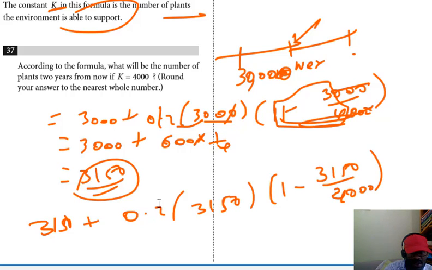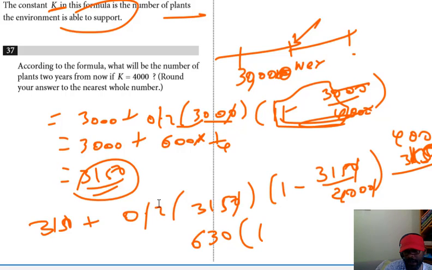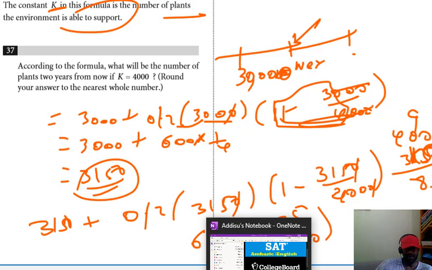When you work this out using a calculator, let me simply multiply. 4,000 minus 3150 gives 850, so we have 850 over 4,000. So let's do this one.